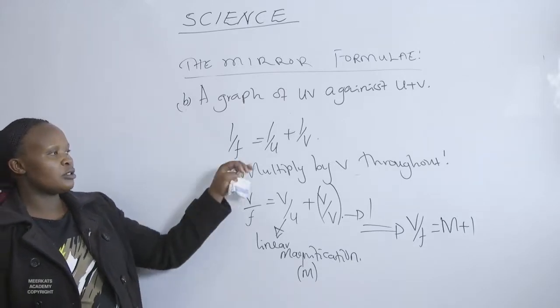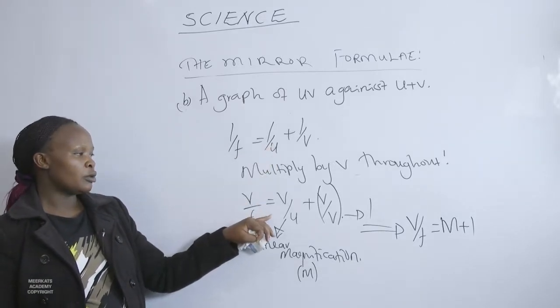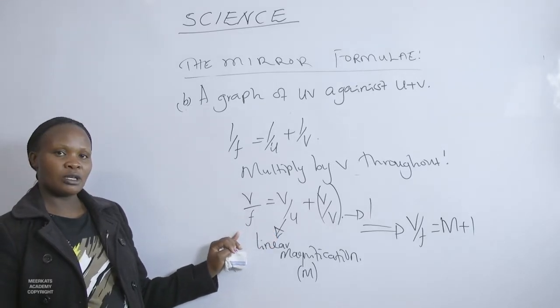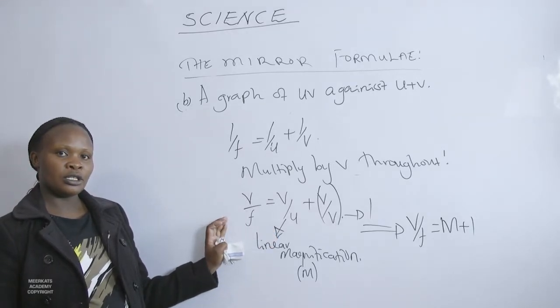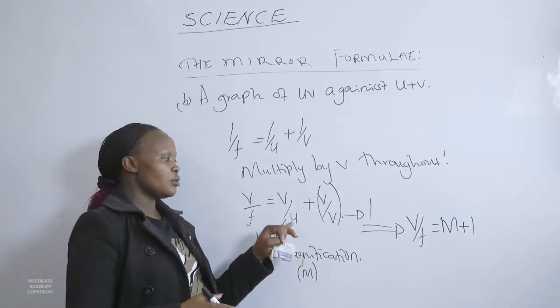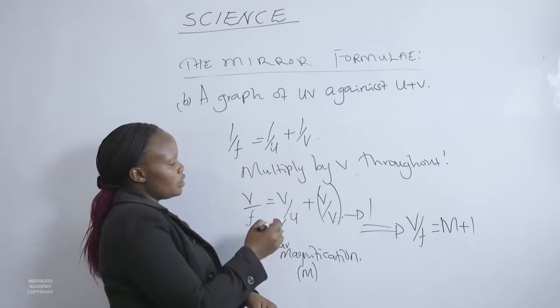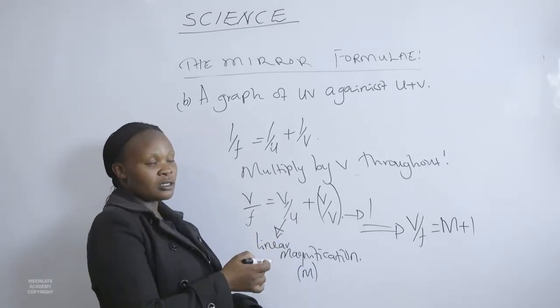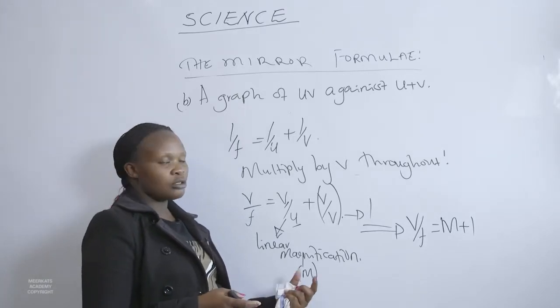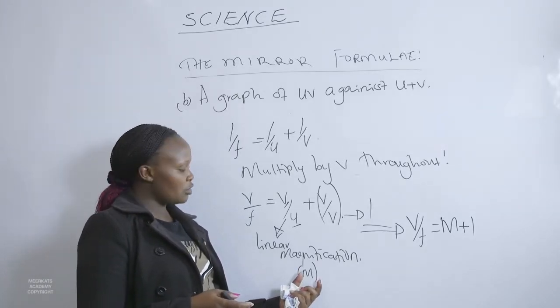We took the mirror formula, multiplied all through by V, so that on the left hand side we have our image distance divided by the focal length. On the other side we have V over U, that is image distance divided by the object distance, and that one should give us linear magnification.